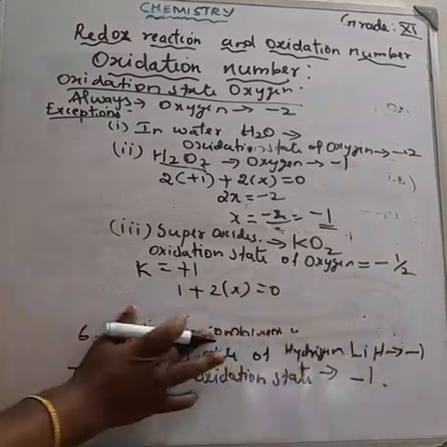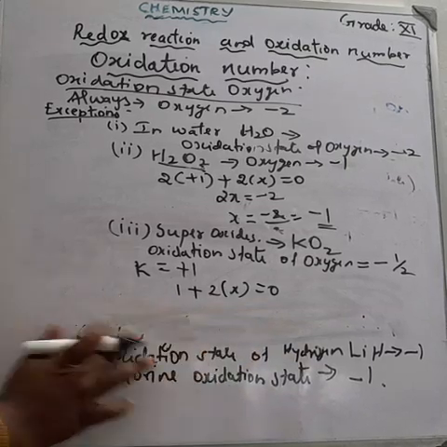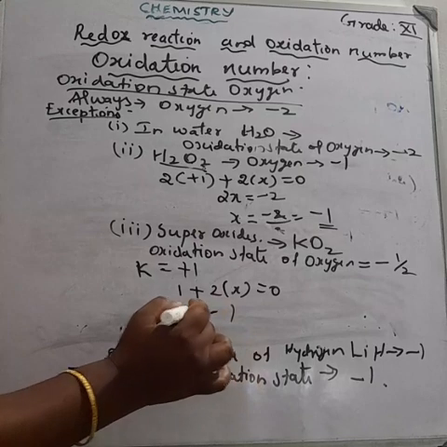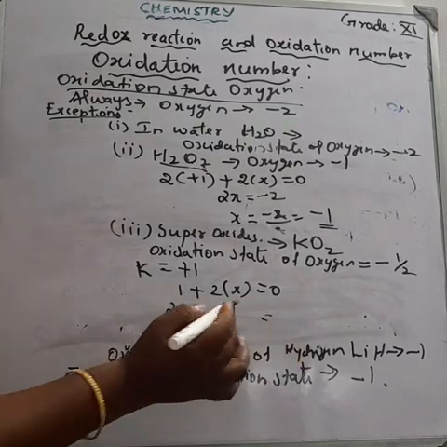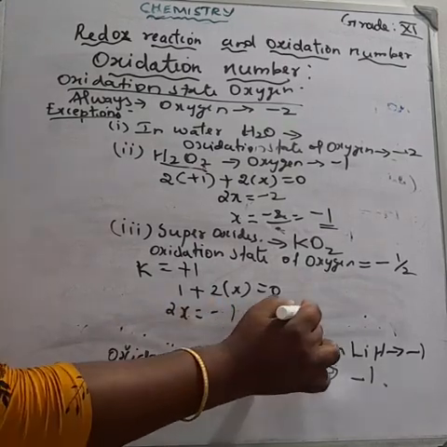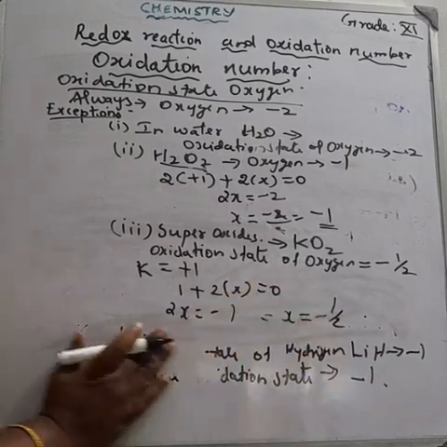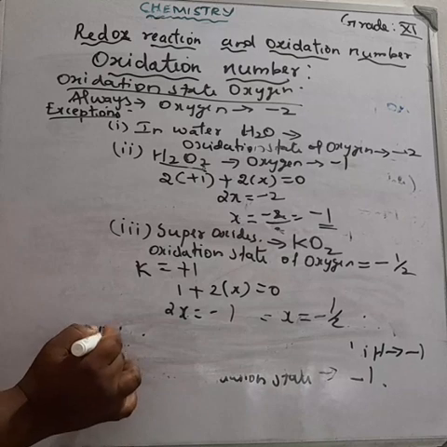So 2x is equal to -1, so x is equal to -1/2. Okay, and in the case of oxygen difluoride, OF2, the oxidation state of oxygen is +2 here. Okay, how is it +2?